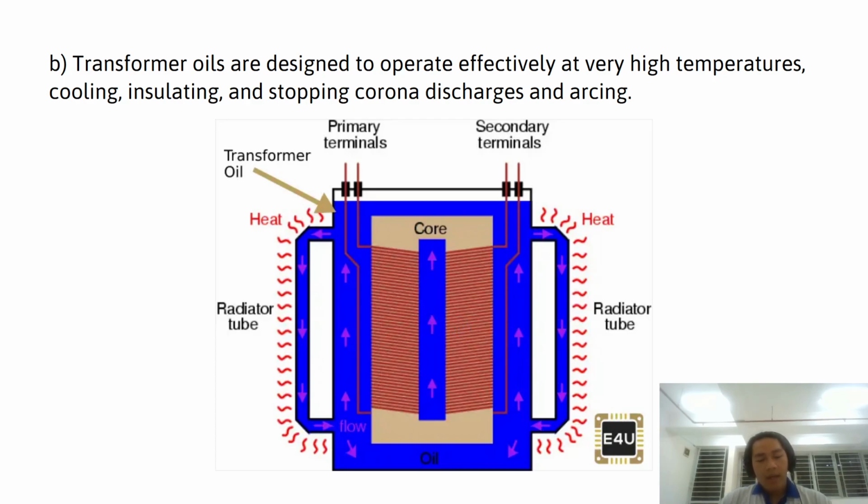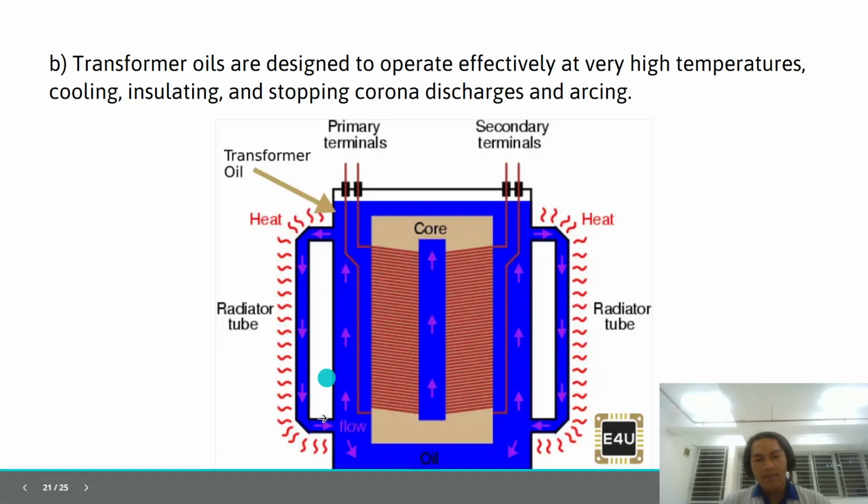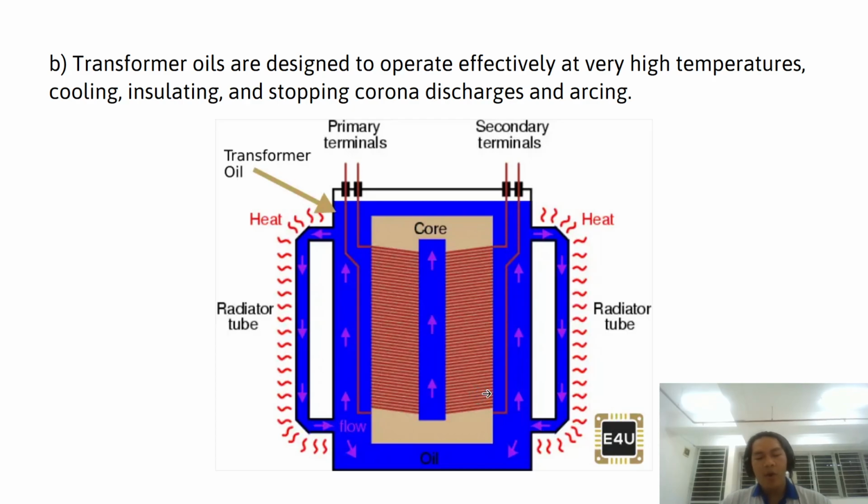The inside of the transformer tank is filled with transformer oil. This is the blue liquid. This oil surrounds the core and windings and absorbs the heat produced.